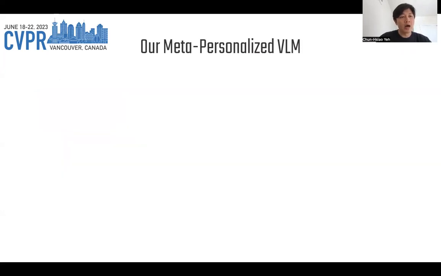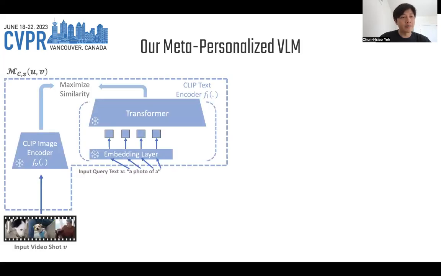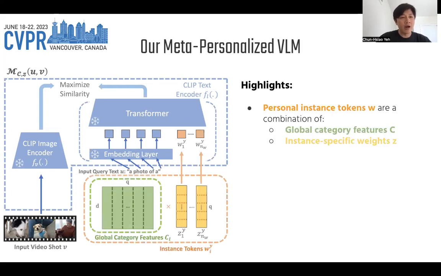Now let's dive deeper into how our personalized model actually works. First, we use the pre-trained CLIP model as our base. To extend the model's language input vocabulary, we introduce novel instance-specific tokens W. These tokens are modeled as the combination of the meta-personalized category feature C with an instance-specific weight Z. The goal of our training is to ensure that only category-specific features are captured, while irrelevant features like background information are discarded.